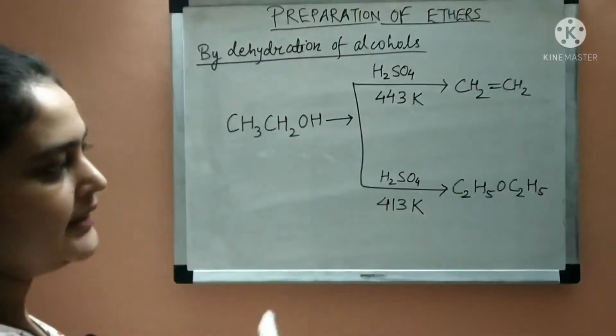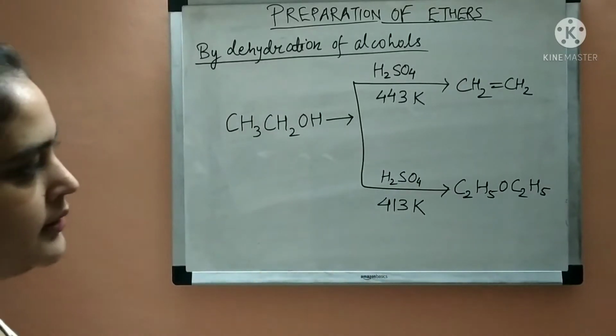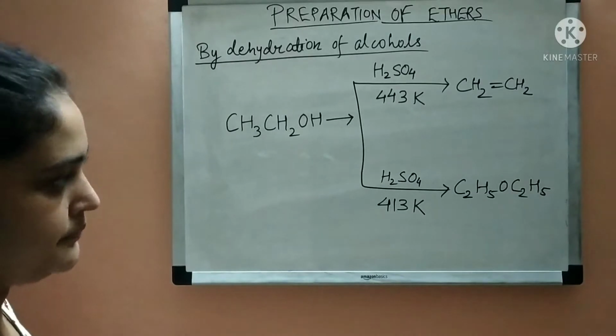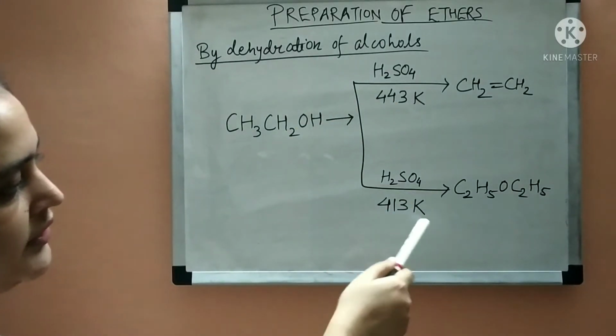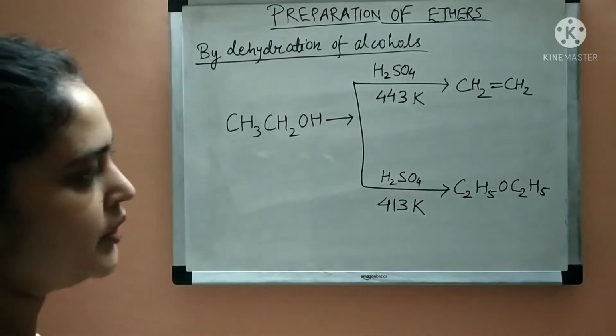So this is diethyl ether. So different temperatures give different products. So this is the dehydration of alcohol, but we want ether. So we will use 413 Kelvin temperature and reagent H2SO4 to form our product as ether.